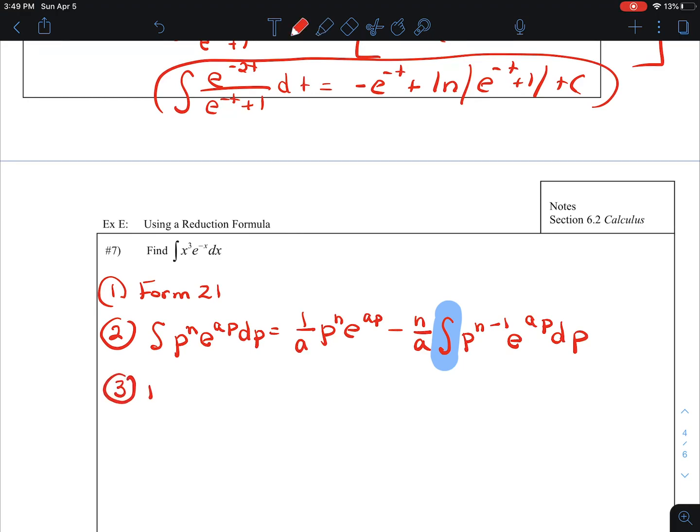Let's make our substitutions. We're going to replace the p with an x, which means the dp is going to become a dx. The a is the coefficient in the exponent on the e. Oh, it looks like I skipped the n. The n is the exponent on the p, which would be the exponent on the x. That would be a 3.